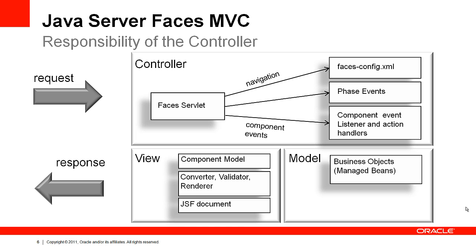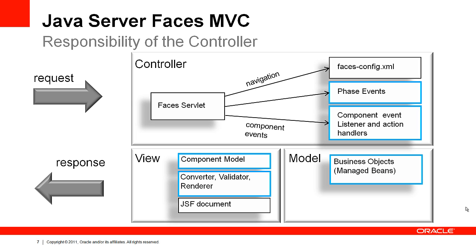Each of the components can have converters and validators applied, and they're also associated with a renderer. Every box that is now highlighted with a blue rectangle and a blue border indicates a dependency to the Java Server Faces request lifecycle, as I introduced before.